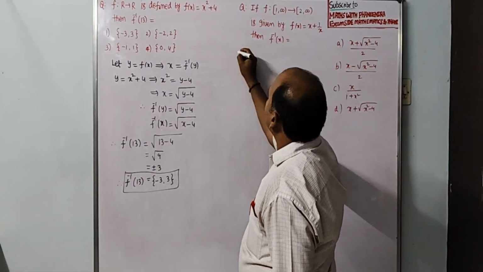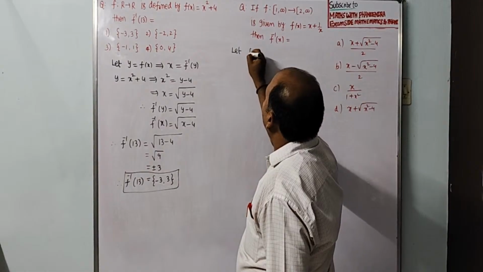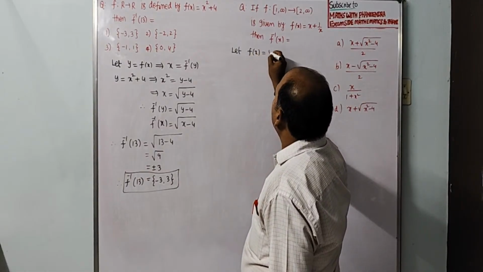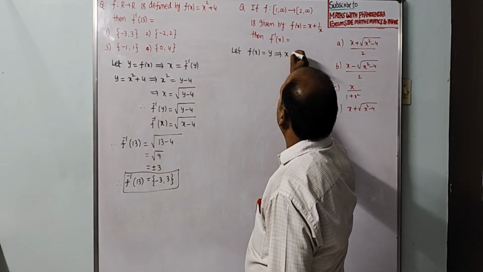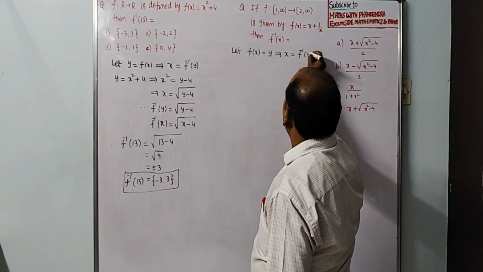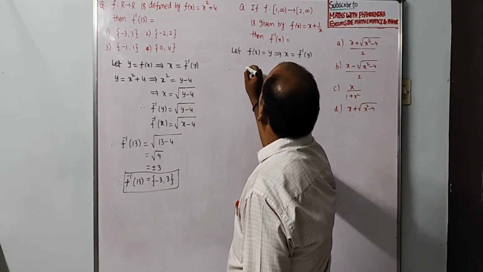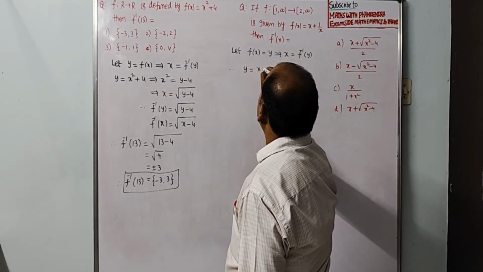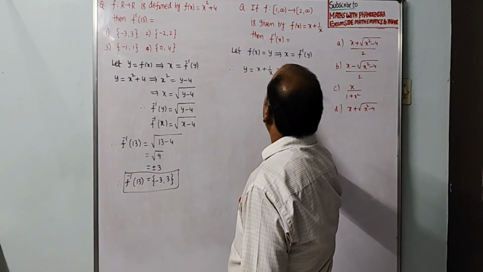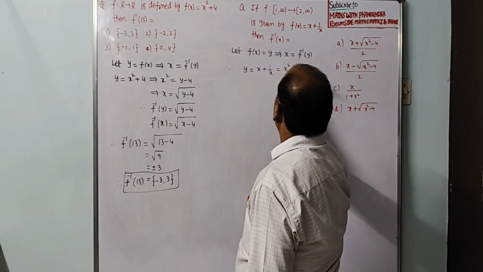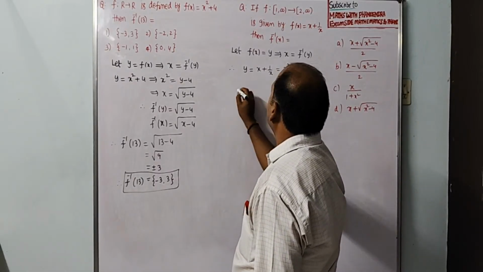So let f of x equal to y, that implies x equal to f inverse of y. Therefore, y equal to x plus 1 by x, which is equal to x square plus 1 divided by x.